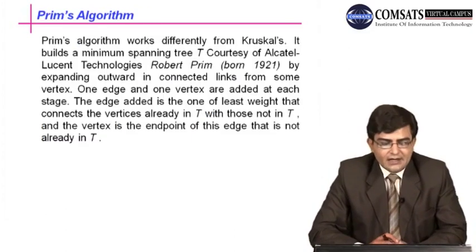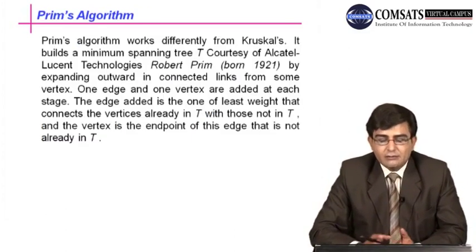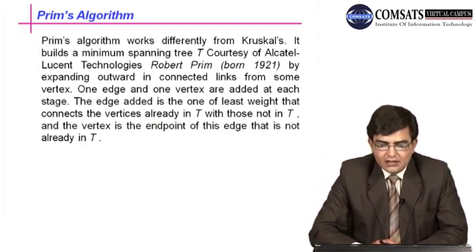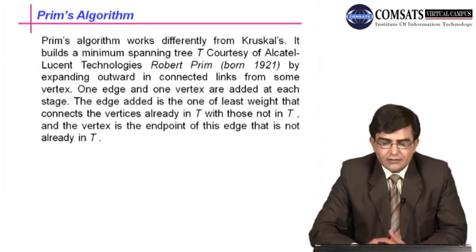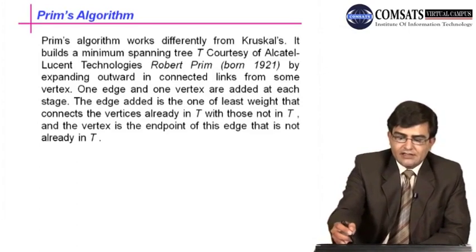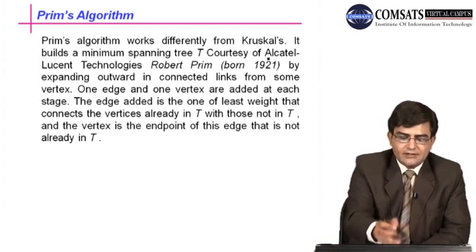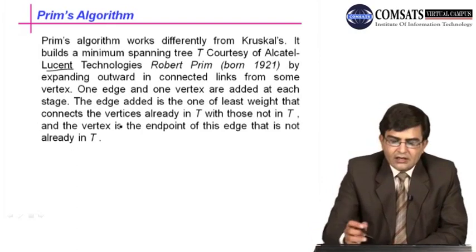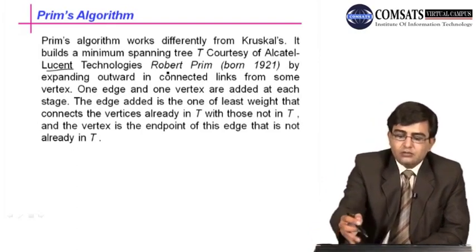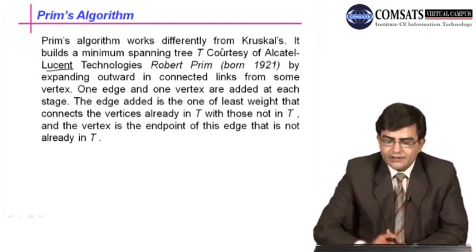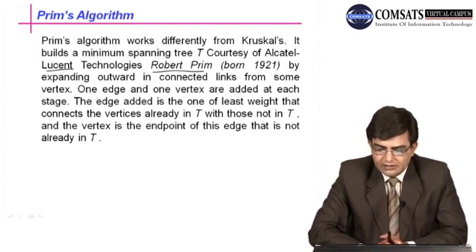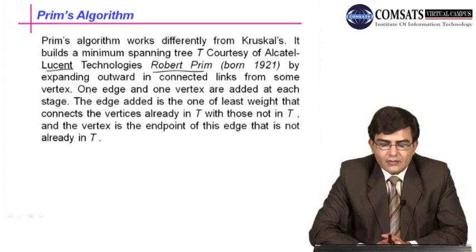Next is basically Prim's algorithm. Prim's algorithm to find a minimal spanning tree works differently from Kruskal's algorithm. It builds a minimum spanning tree T. The person was basically at Alcatel-Lucent Technologies, Robert Prim, who was born in 1921, who gave this algorithm.